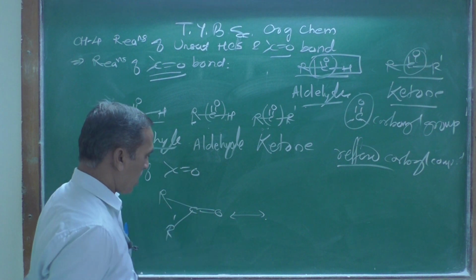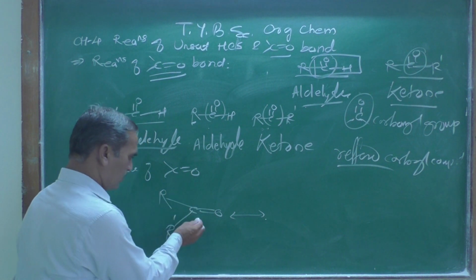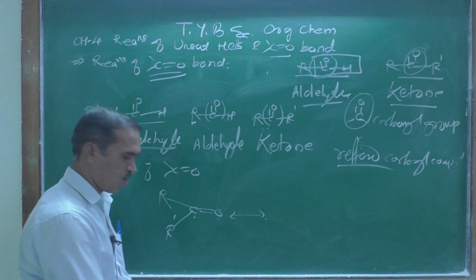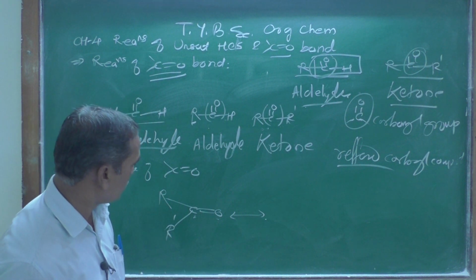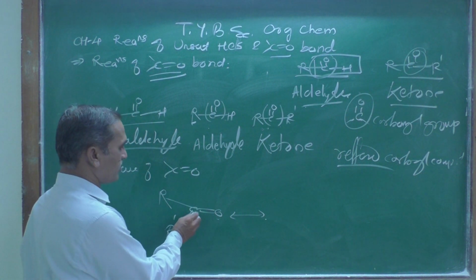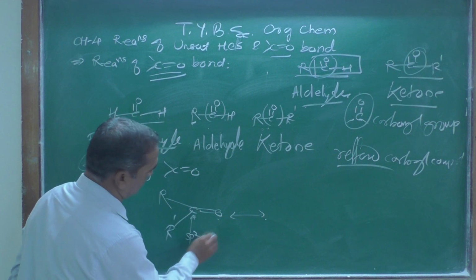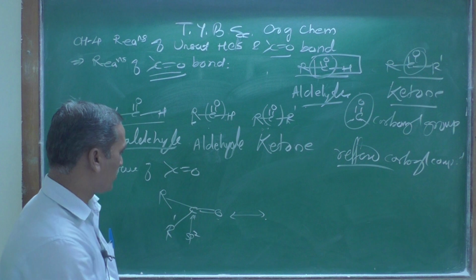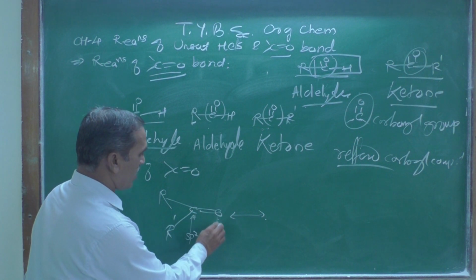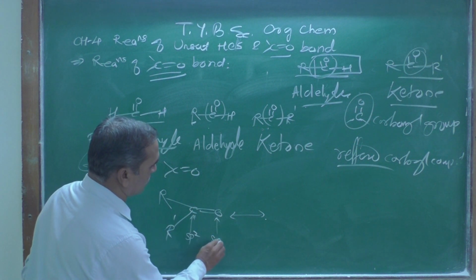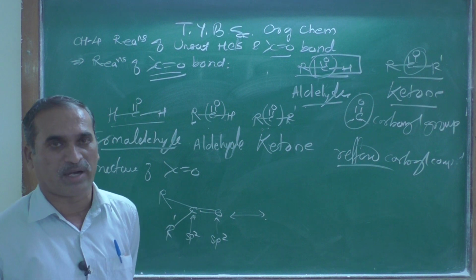Now look at the carbon atom and the oxygen atom here. This carbon atom shows sp2 hybridization, right? Because there is a double bond, and this oxygen atom also shows sp2 hybridization.